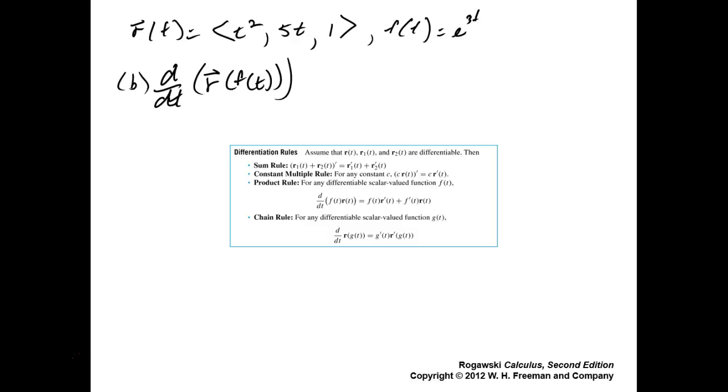So how would we do this? Okay. And what is the derivative of f of t out front? 3e to the 3t.